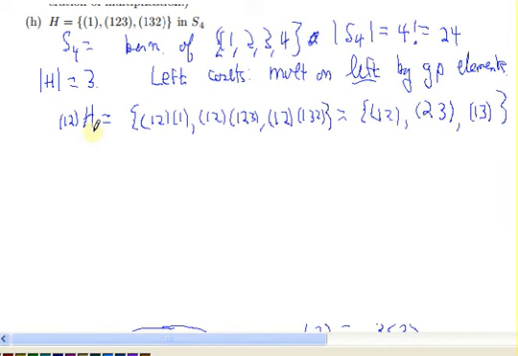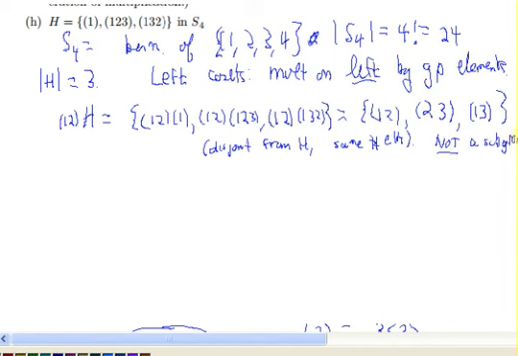Notice that this is a set which is disjoint from H and has the same number of elements. Now notice also, and I often find that students make this mistake, this is not a subgroup.